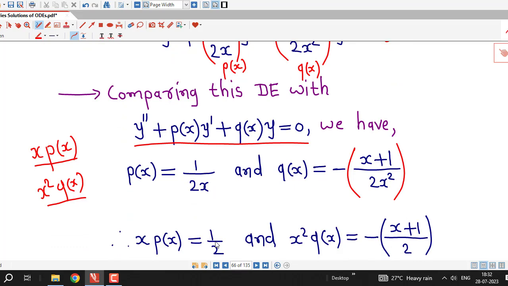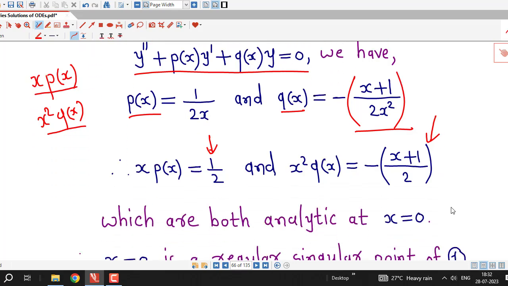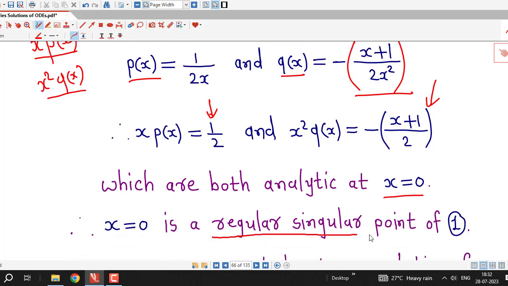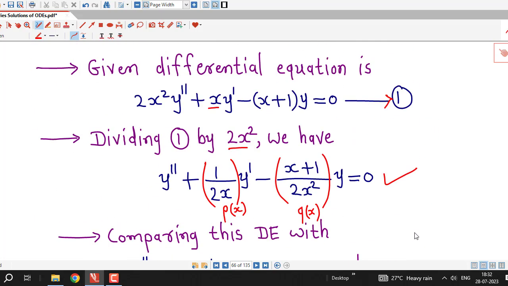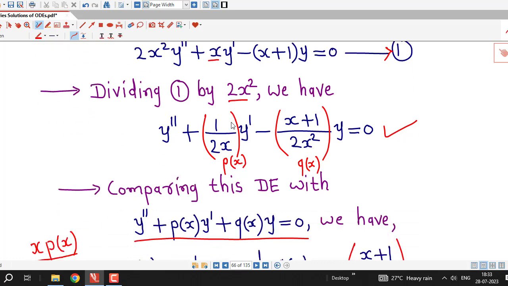So I have multiplied p(x) by x, and I have 1/2, and I multiply q(x) by x², so x² will cancel out and I have −(x + 1)/2. It is clear that both 1/2 and −(x + 1)/2 are analytic at x = 0. Therefore x = 0 is a regular singular point of equation number 1, and therefore we can assume that the Frobenius method applies.